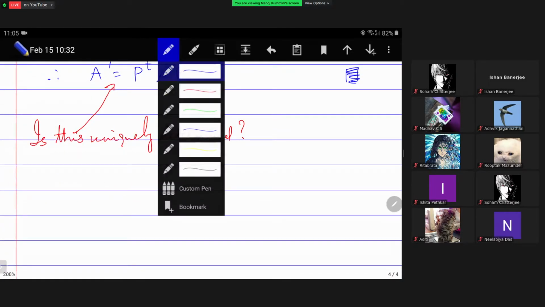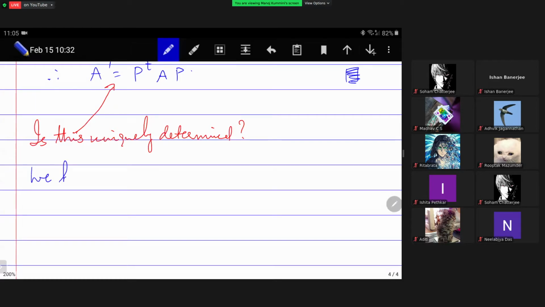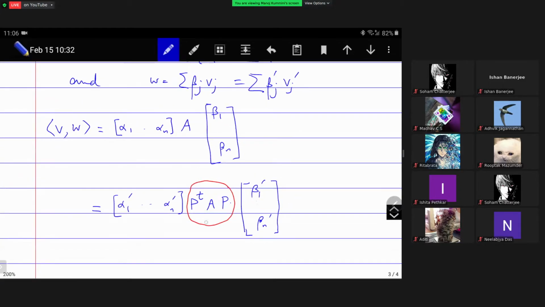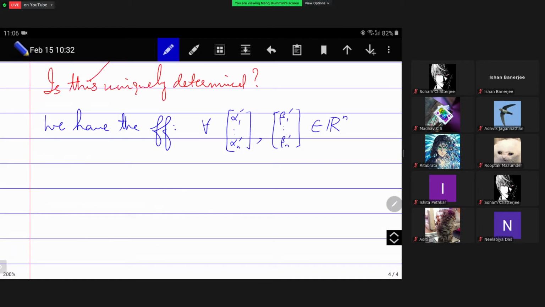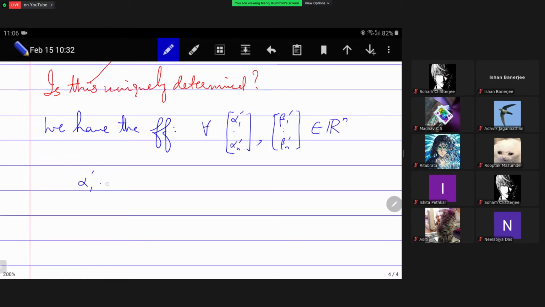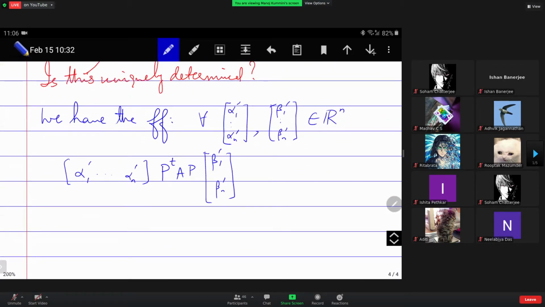Okay, so what do we have? We have the following. For all vectors alpha 1 prime through alpha n prime and beta 1 prime through beta n prime inside R^n, this expression, the row of alpha prime times P transpose AP times the column of beta prime, represents the bilinear form.